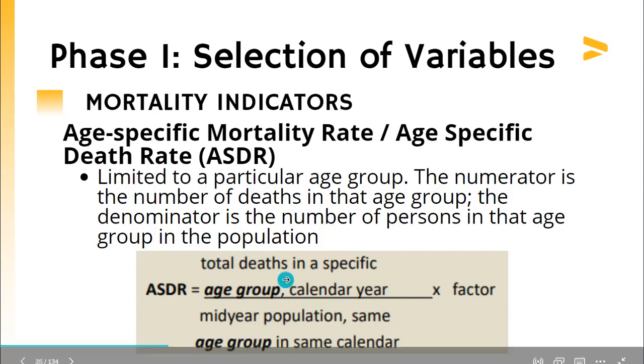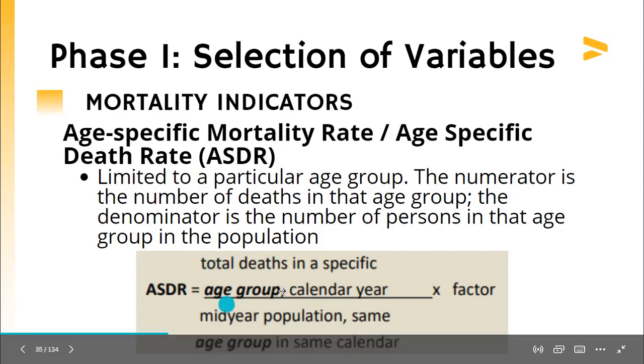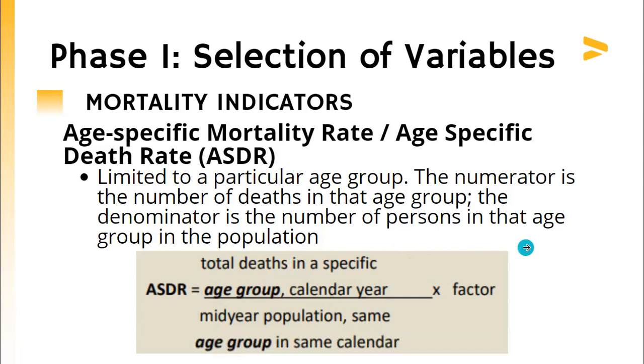The total number of deaths in that specific age group, we compare it with the total population in that same age group in which that death has occurred. And then we multiply this with a factor.